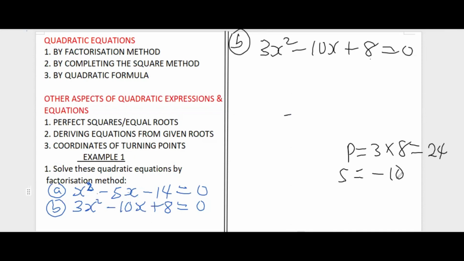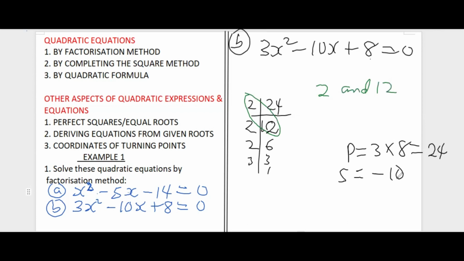Let's quickly break 24 down. 24, we have 2 times 12, 2 times 6, 2 times 3, 3 times 1. That means different numbers that can multiply to give 24. We can have 2 and 12. We can have 2 times 2 here, 4 and 6.